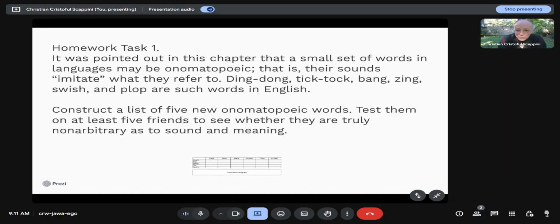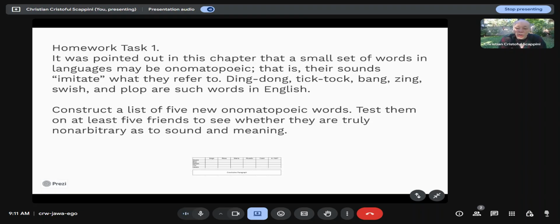Let me read it for you. It was pointed out in this chapter, chapter 1, that a small set of words in languages may be onomatopoeic. That is, their sounds imitate what they refer to. Ding dong, tick tock, bang, zing, swish, and plop are such words in English.